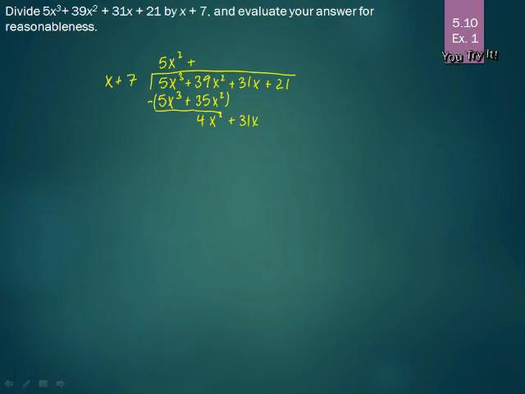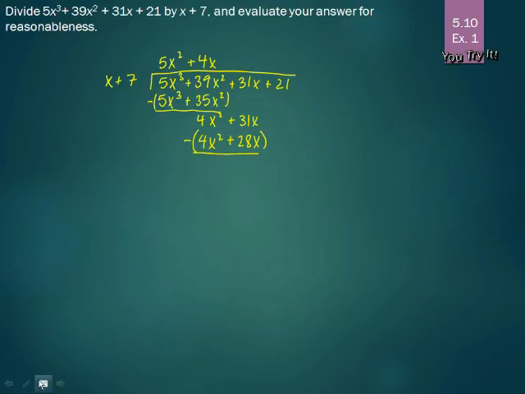Now we do the same thing. What times x will give us 4x squared? 4x times x will give us 4x squared. So now we multiply 4x times x plus 7. 4x times x is 4x squared, and 4x times 7 is 28x. Then we subtract both these terms. 4x squared minus 4x squared is just 0, then 31x.